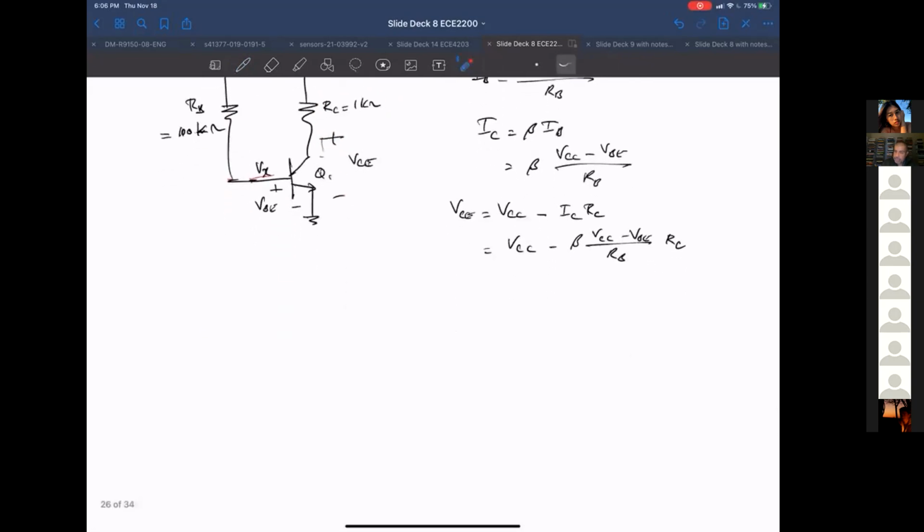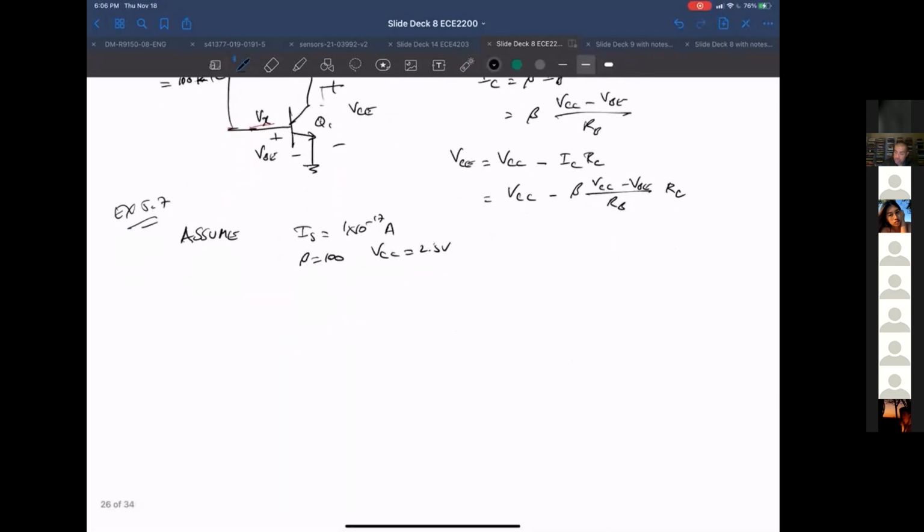Now let's try some examples. This is example 5.7 from your book. You guys want to look at that, but I'll go through it. Assume that I sub S is 1 times 10 to the minus 17 amps. Beta is equal to 100, and of course VCC is 2.5 volts.